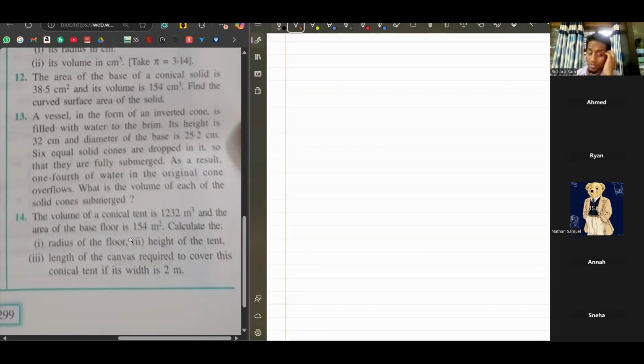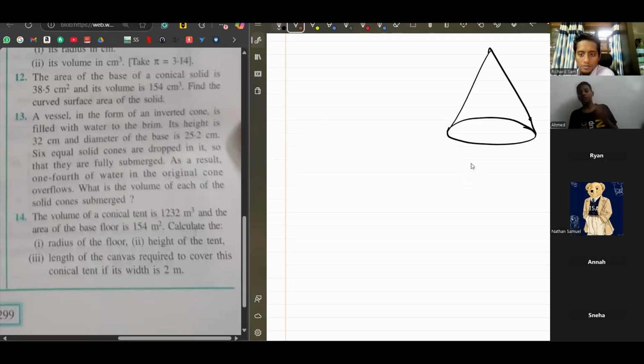The volume of a conical tent is this much, and the area of the base floor is 154. Okay, what does it mean now? This is the conical tent. Okay, and the volume is given. Volume is 1232 meter cube, and the area of the base floor, that means this base, it's a circle.